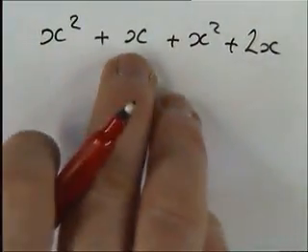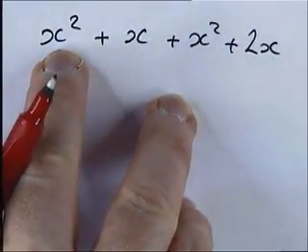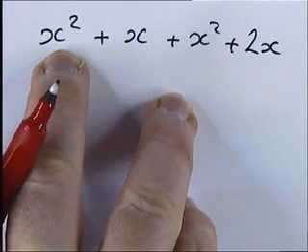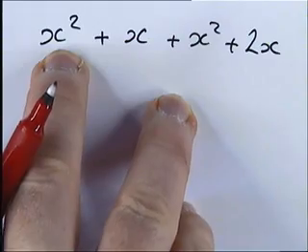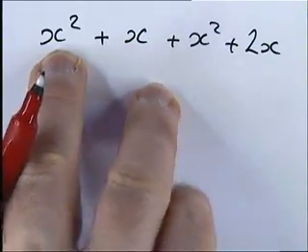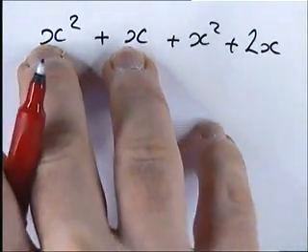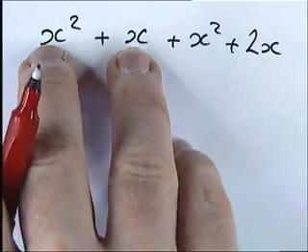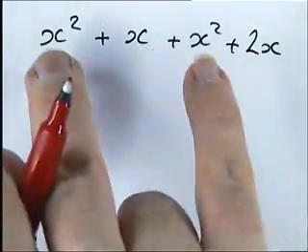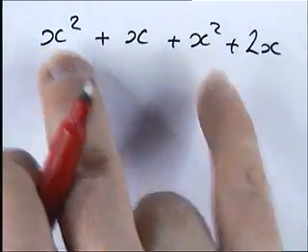But an x is not the same number as an x squared. There are a couple of values where x and x squared are the same. You might want to think about what values there are on your own time, but in mathematics and algebra they are not the same number, so we cannot simplify them in that way. We can only add together things that are absolutely the same.